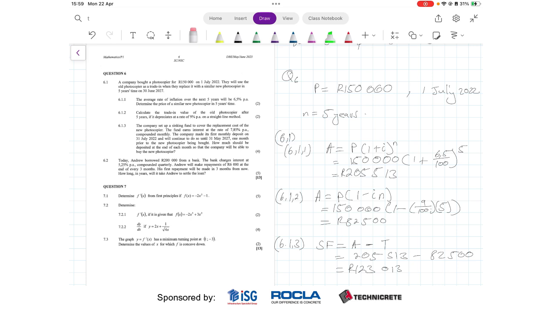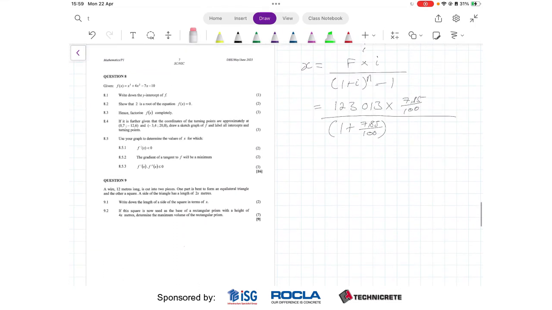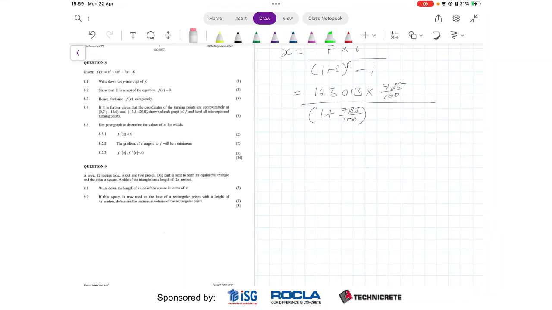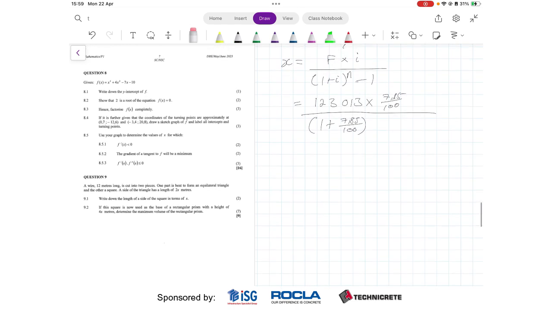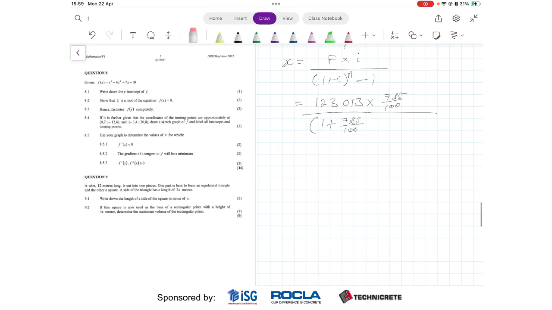Because this is 5 years, there are 60 months, but because we are looking at how much you're going to be paying until 1 month before we actually buy the photocopier, our duration is going to be 59 months. So that's going to be to the power 59, minus 1.